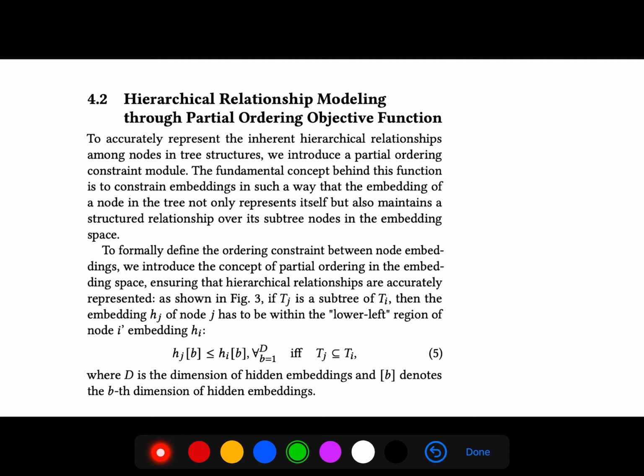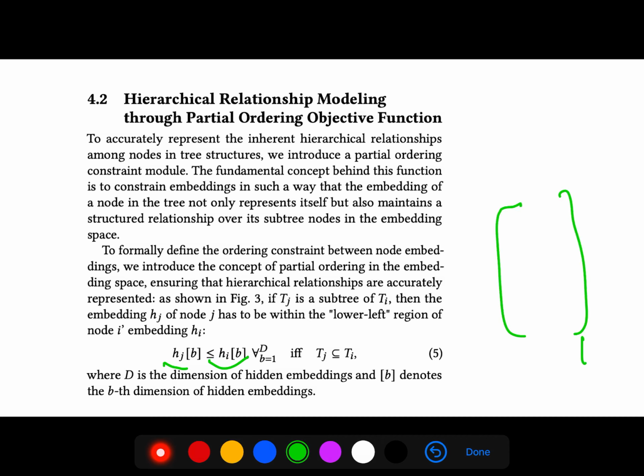So if T sub j is a subtree of T sub i, then we have this representation. Then the embedding has to be within the lower left region of node i embedding H sub i. Where D is the dimension of the hidden embedding, and B denotes the Bth dimension of the hidden embedding.